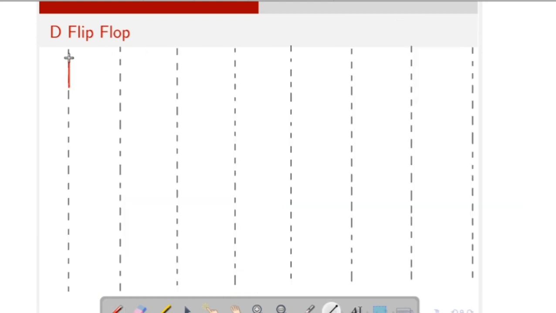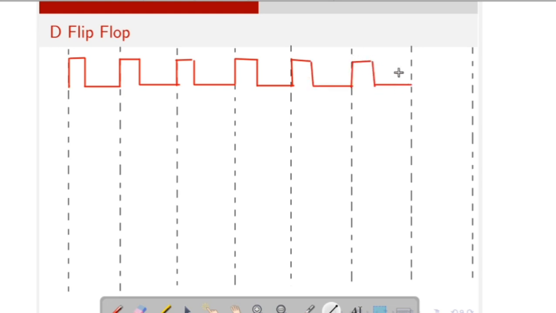Next we can draw the waveform of this D flip-flop. So this is the clock signal: first clock signal, second, third, fourth, fifth one, then sixth one. So we can mark it.